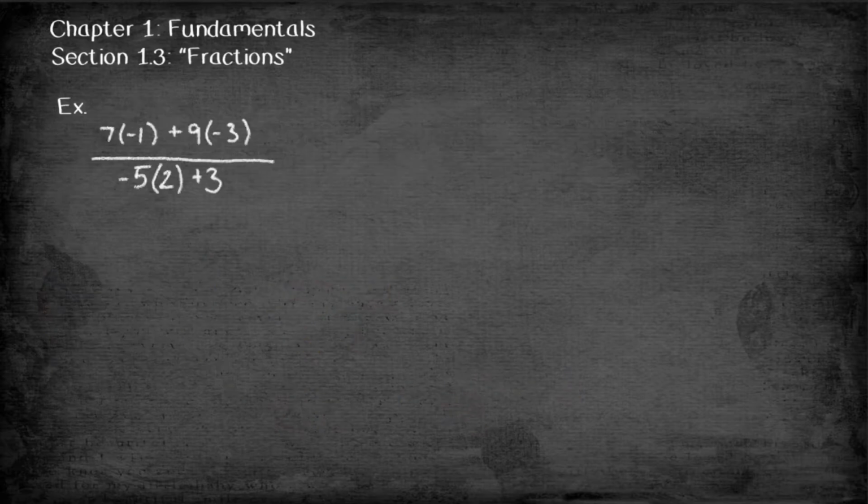So here are some more examples. This is not the kind of thing you can just see once and totally get, so we're going to work through it. Here, 7 times negative 1 plus 9 times negative 3. We're going to be simplifying the numerator and the denominator first. So 7 times negative 1 is negative 7, plus 9 times negative 3 is negative 27.